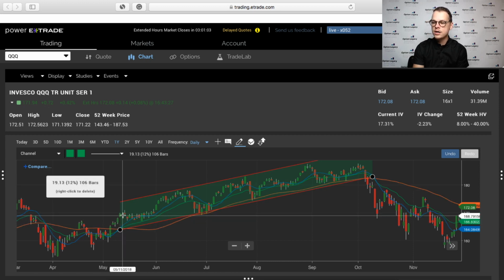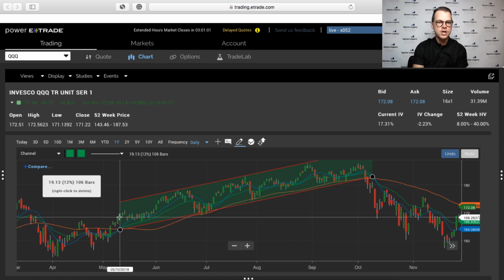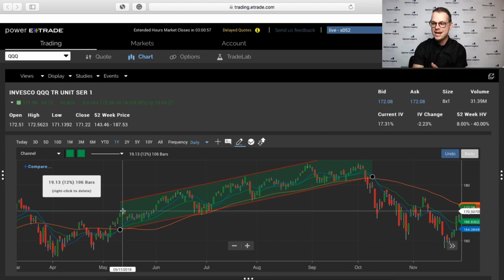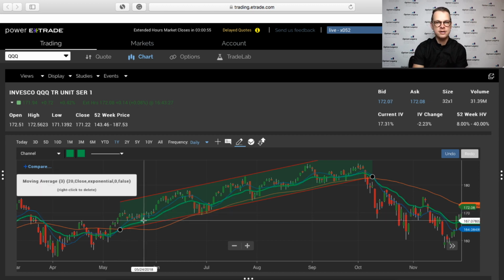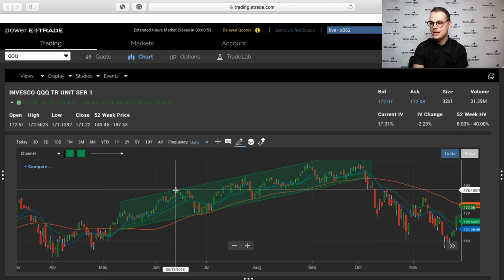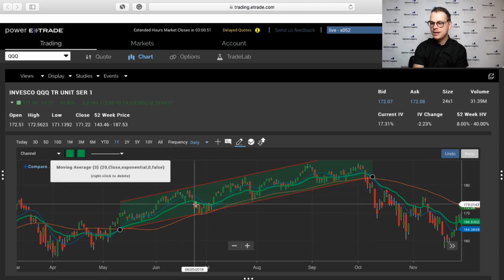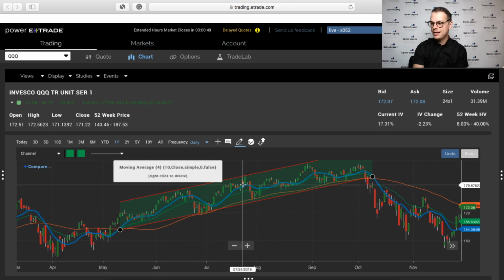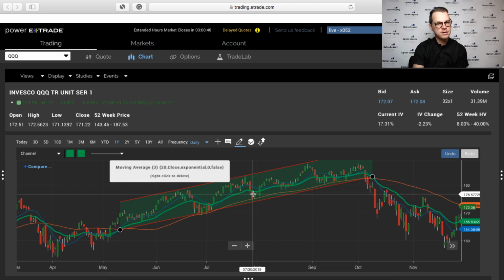If we're here on this date, which is where it starts, we're not going to know the high of this channel until it hits a high and then comes back down lower. Then it hits another high and comes back down lower, and another high and comes back down lower.